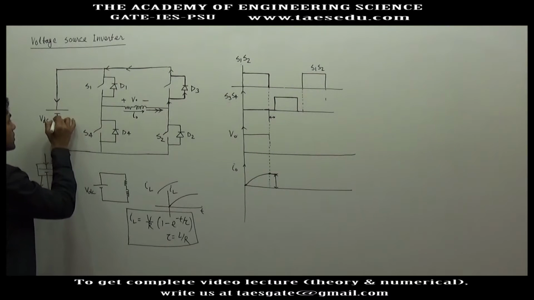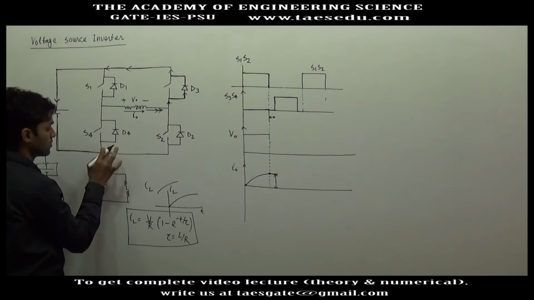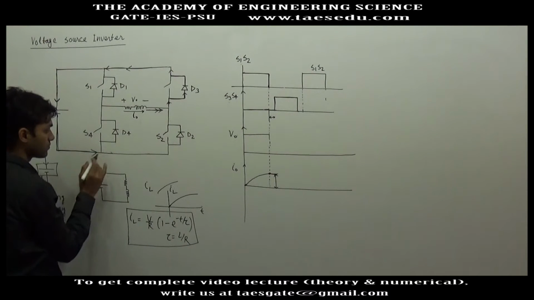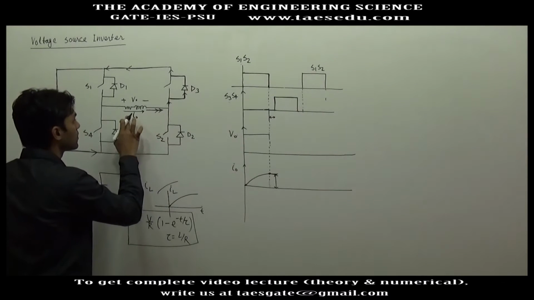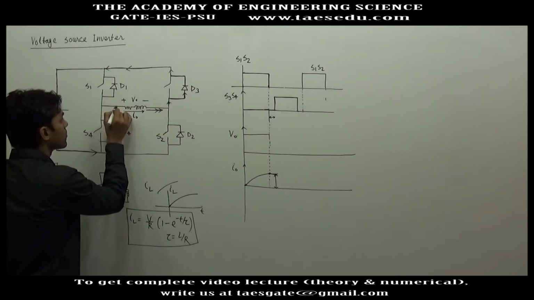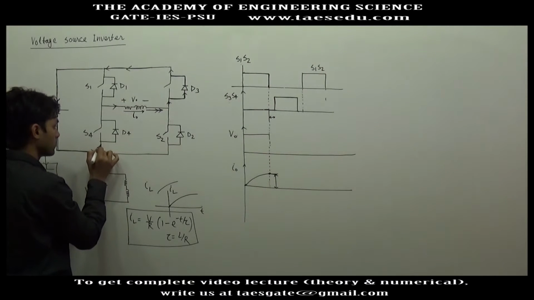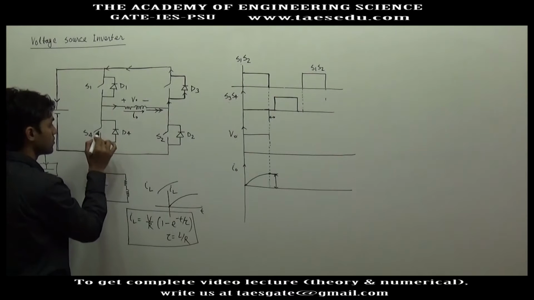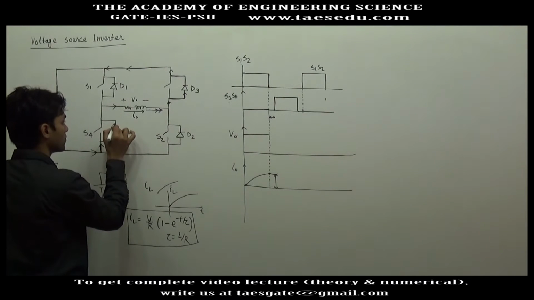So after this point current will flow through here. Now current will come in this direction, and whatever current is flowing from here has to come from this direction only. So this current will go in the upward direction. S4 is not conducting, so this will flow through D4.